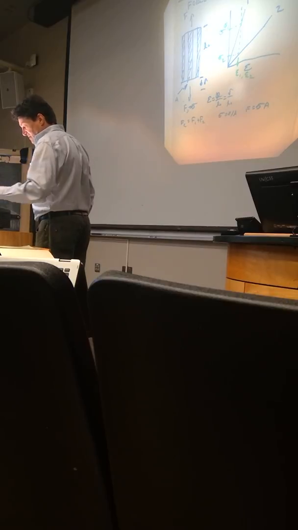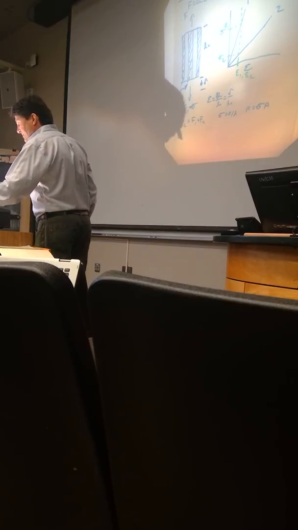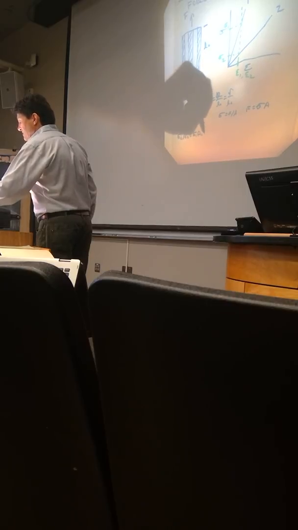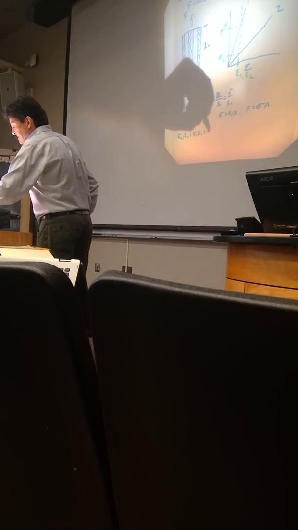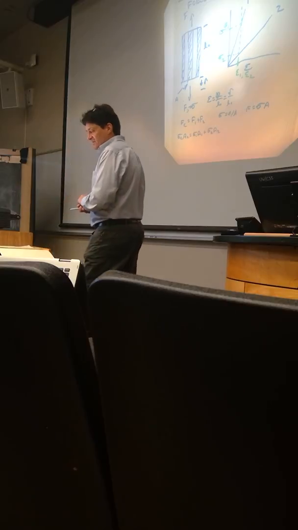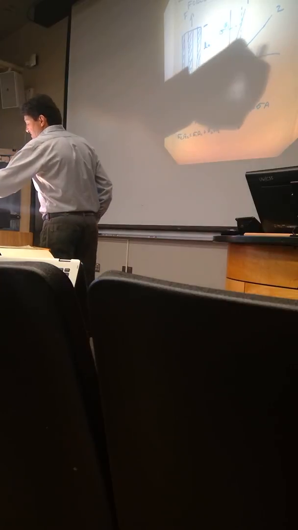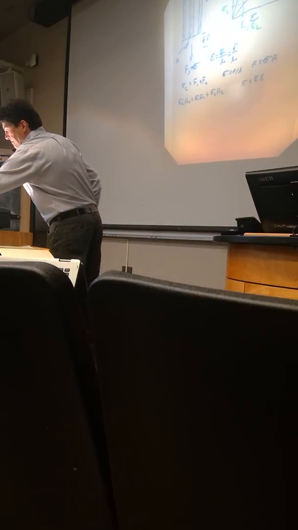Using this, we can say stress in the composite times the area of the composite is equal to stress in 1 times the area of material 1 plus stress in material 2 times the area of 2. We also know stress is equal to elastic modulus times strain.